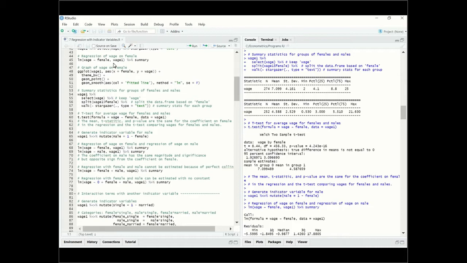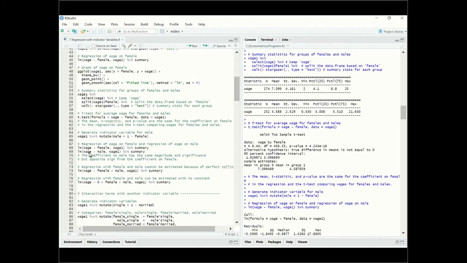Okay, so the next thing we can do is let's generate an indicator variable for male, and we would be using male equals 1 minus female, and using the mutate function, we would be ascribing this male variable back into the data frame. And now let's run the regression as we had before of wage on female.